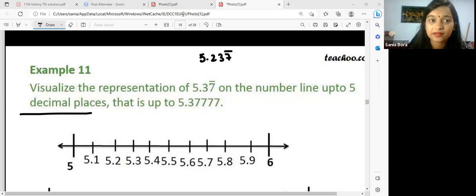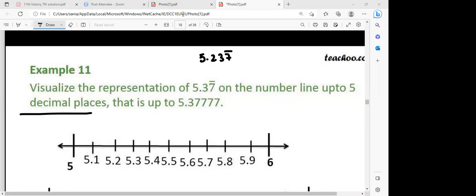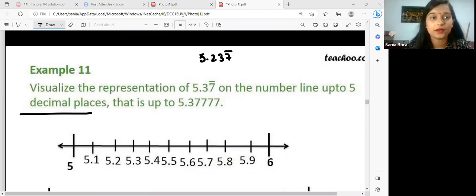Sorry, Ayan, this is the question. If I ask you to represent this up to 5 decimal places, how will you write it?